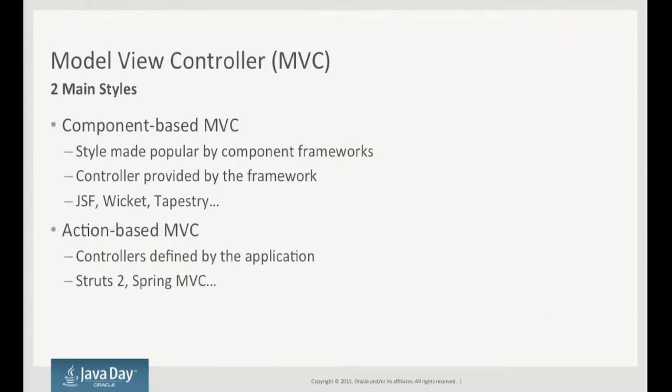With action-based MVC, it's the application that's going to be providing the controller logic. So this new MVC work is designed to complement JSF. It's a different style, and it completes what we have in terms of MVC architectures.